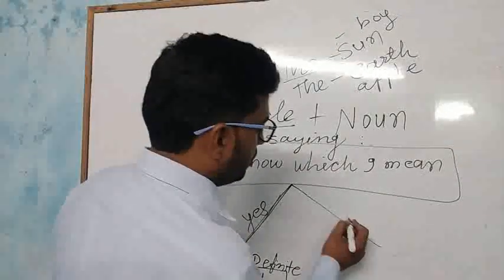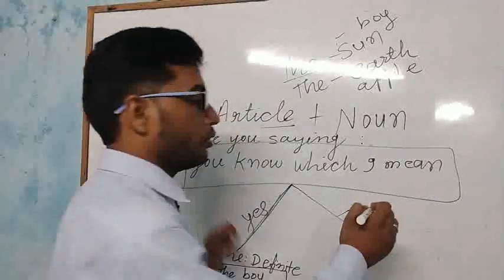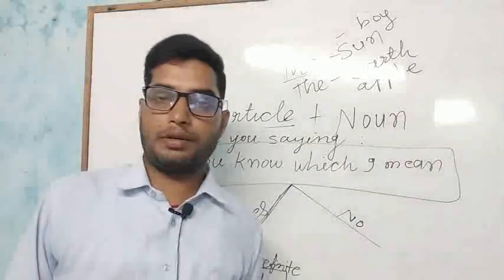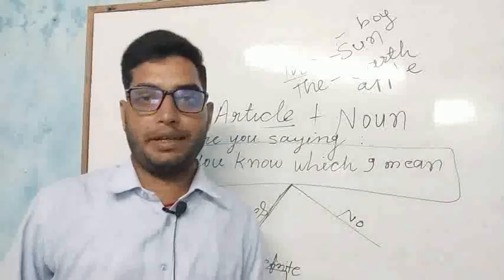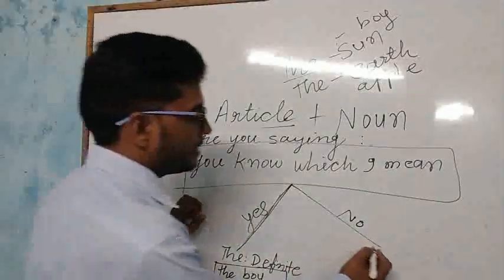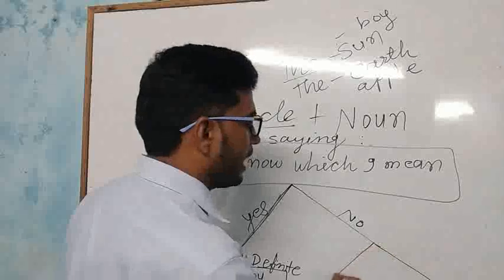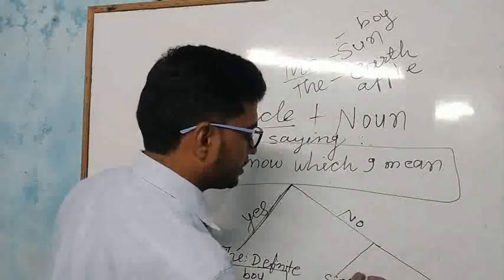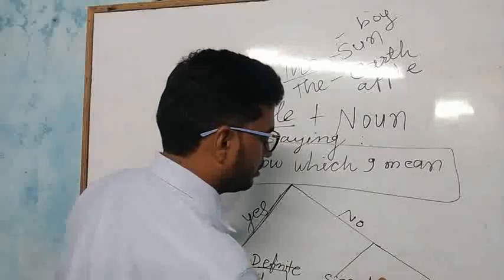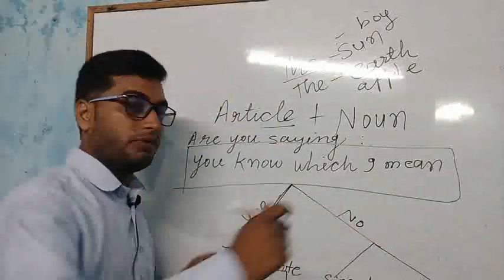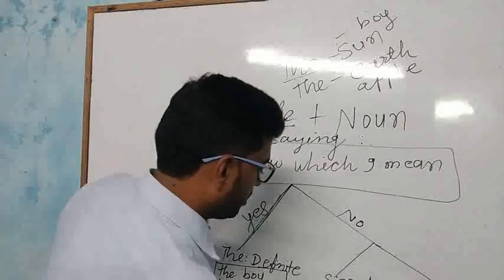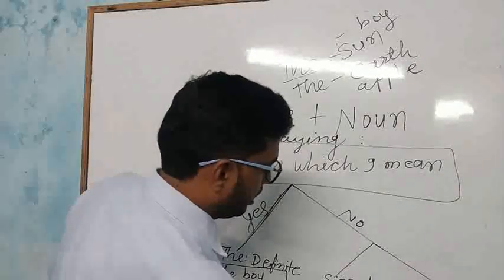Or if you say no, I don't know what you mean, which you mean, at that time we have two options. We don't know about the thing you are talking about, very similar things, right? So we will say a boy.